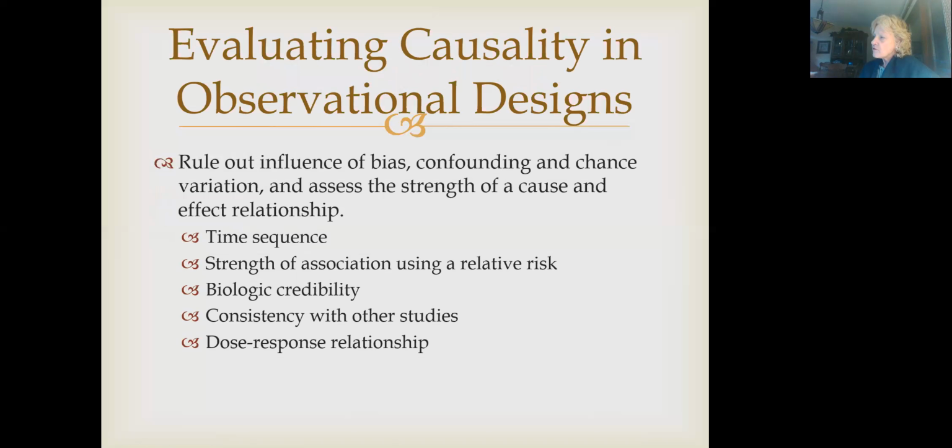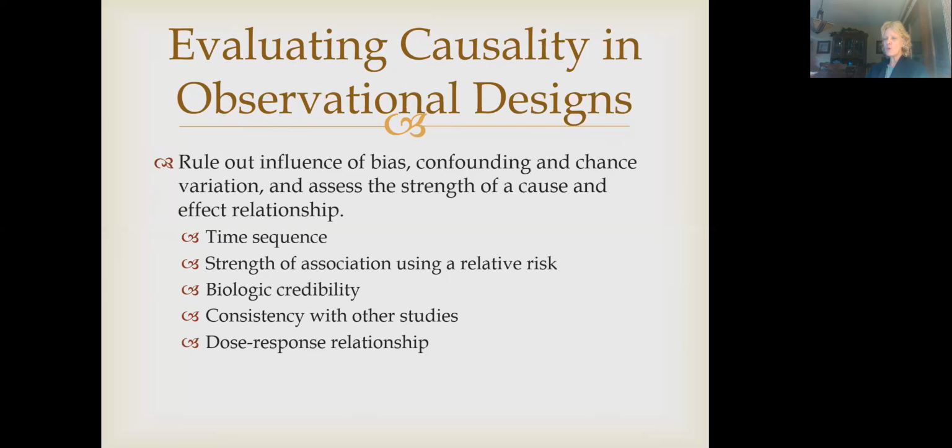So you want to evaluate causality in observational designs, and you want to rule out the influence of bias or confounding variables, chance, variation between the two groups, and assess the strength of this cause and effect relationship. So you might do that with a time sequence. You might look at the strength of the association using a relative risk or a risk ratio.